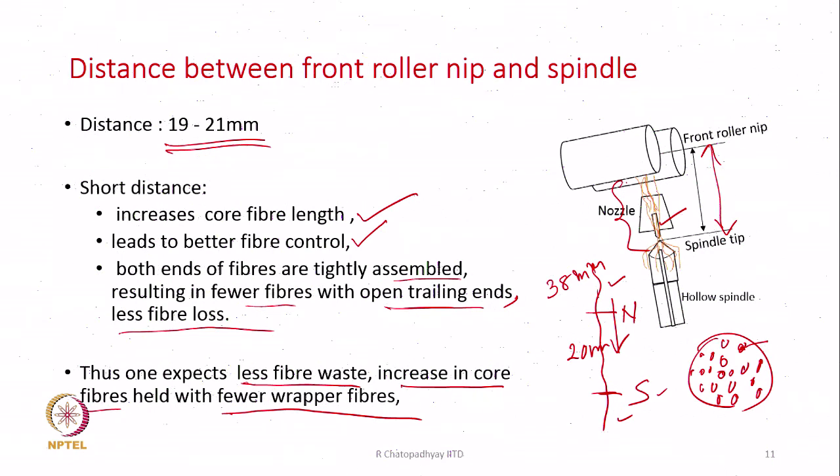So, when the distance is short, we can expect less waste of fibers in the spinning zone, and an increase in core fiber percentage held with fewer wrapper fibers. So, a shorter distance has a beneficial effect.